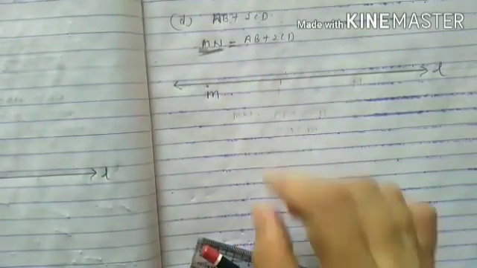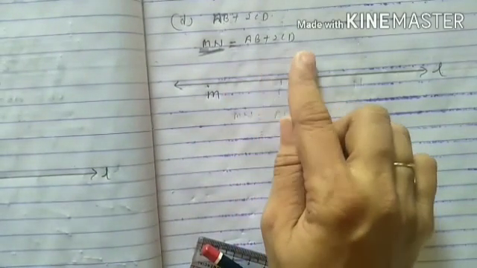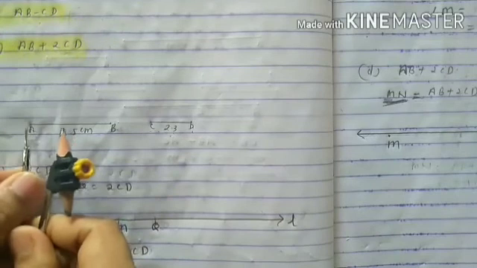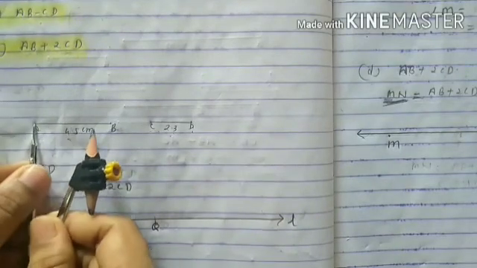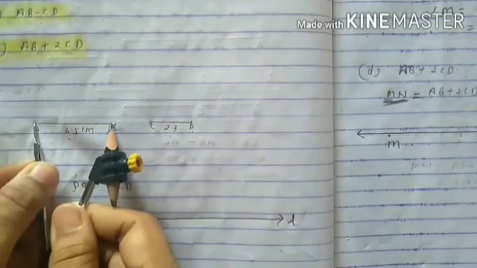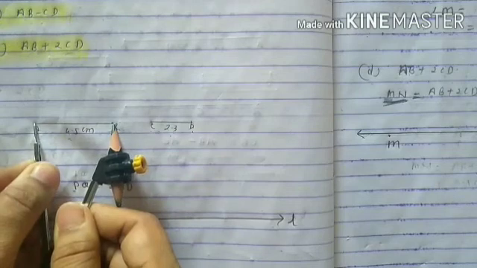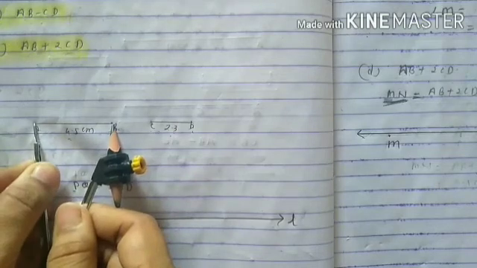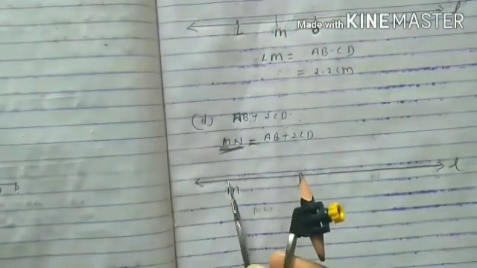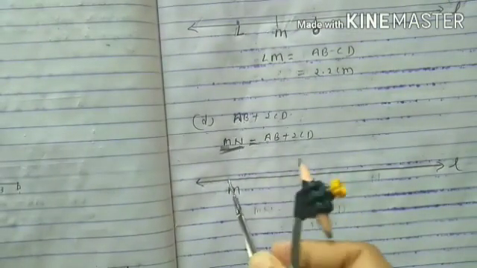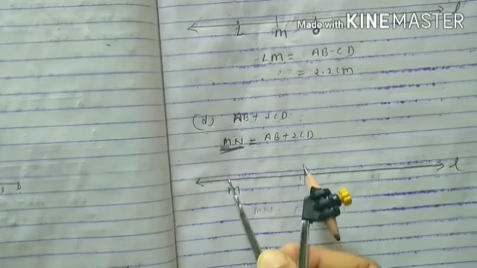Now AB plus 2CD means AB plus CD plus CD we have to construct. So take compasses, keep metal point at A and this pencil point at B. Okay, and keep this metal point at M and draw an arc.